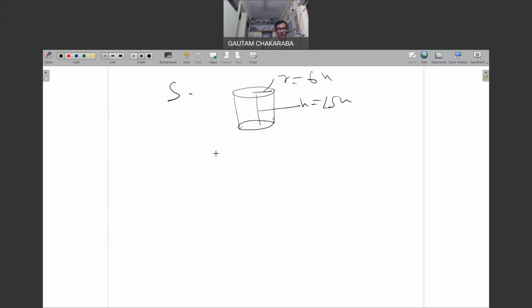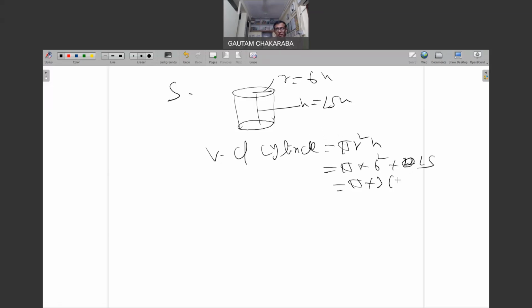You find volume of cylinder, that is find the volume of ice cream. Pi r square h, pi into 6 square into 15. So pi into 36 into 15 centimeter cube.